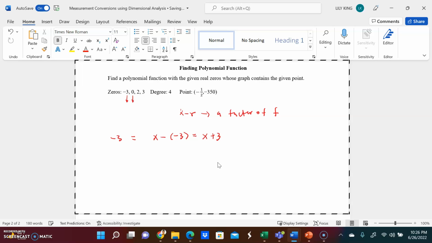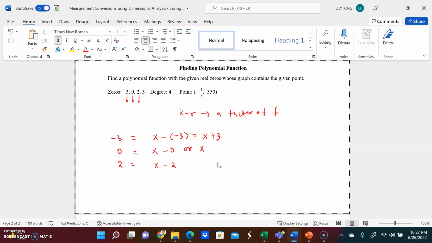The factor of f which corresponds to the zero 0 is x minus 0, or you can also call it x. Then for 2, the factor of f which corresponds to the zero of 2 is x minus 2.